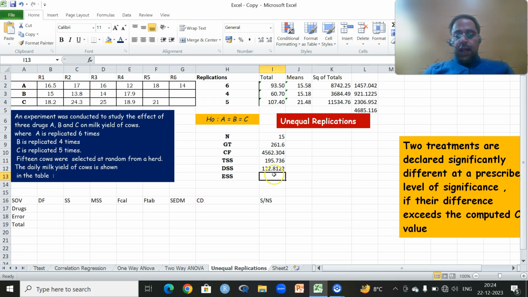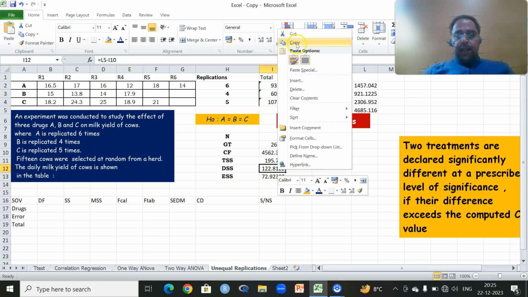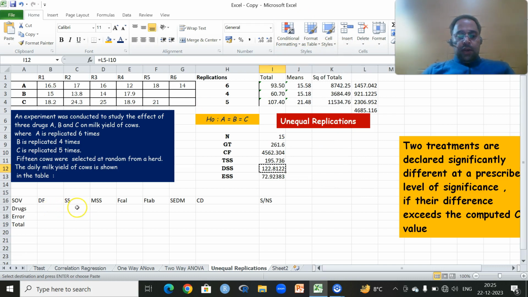And error sum of square is very easy to calculate. Simply take the total sum of square minus drug sum of square. So we have error sum of square, total sum of square, and treatment sum of square. We'll keep this value here, but before that we have to adjust the degrees of freedom.